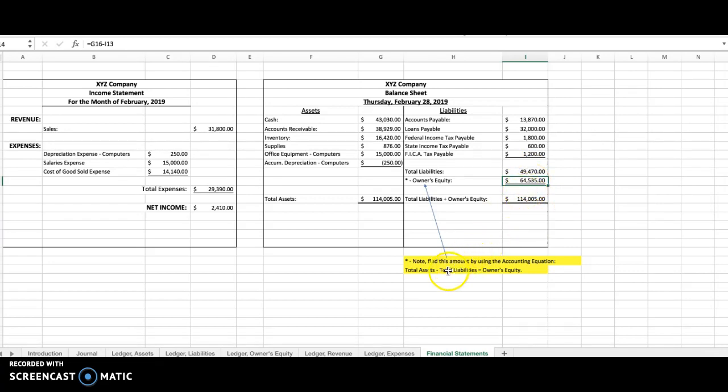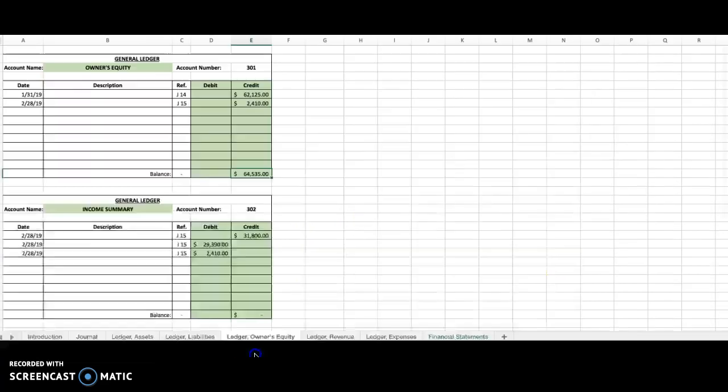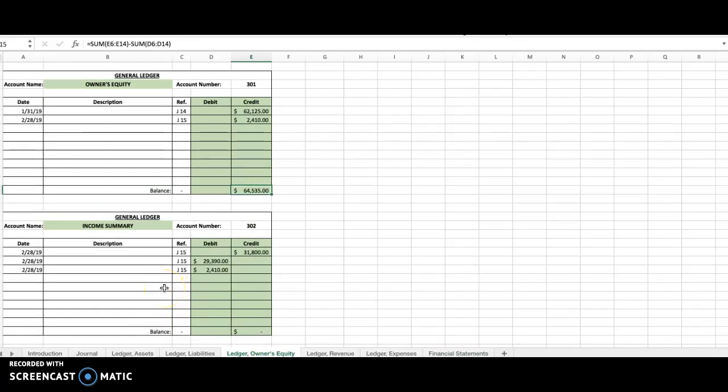We used in the balance sheet this accounting equation to figure it out, but after we do the three closing entries, we close the revenue into income summary, then we close all the expenses into income summary, then we close the income summary into the owner's equity. So this shows us that at the end of January, the business was worth $62,125. At the end of February, it has a balance of $64,535, and that's what's shown on the balance sheet.